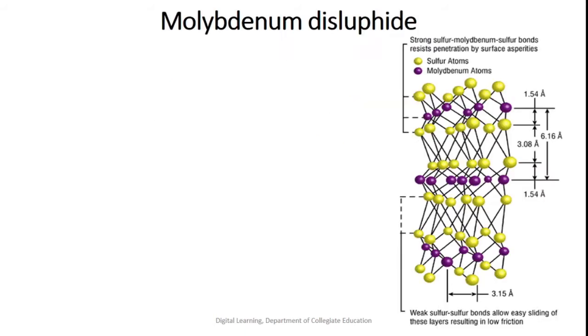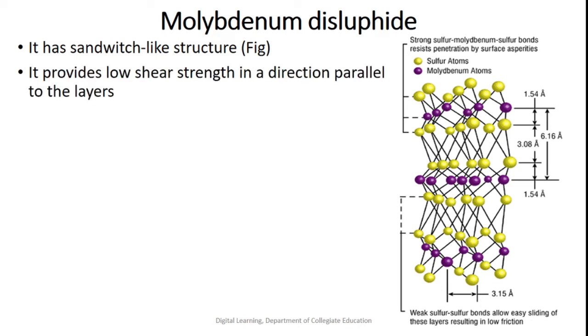The second one is molybdenum disulfide. It has a sandwich-like structure, which is shown here in the figure, in which a layer of molybdenum atoms lies between two layers of sulfur atoms.